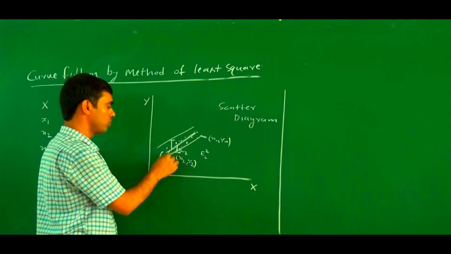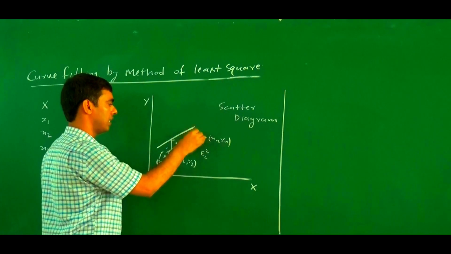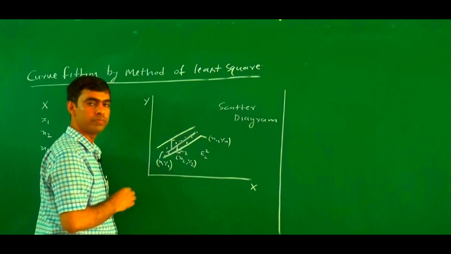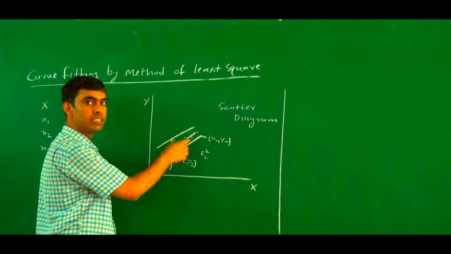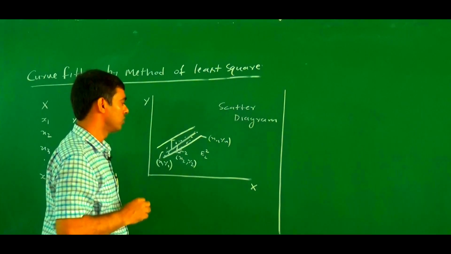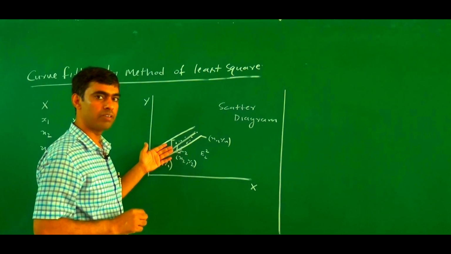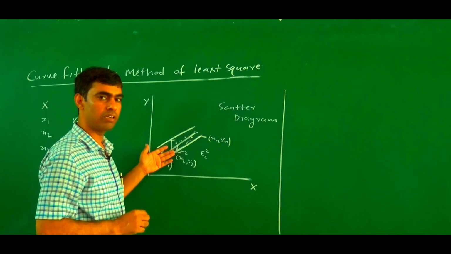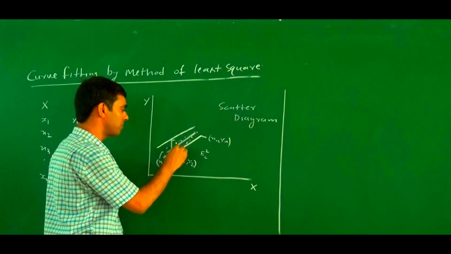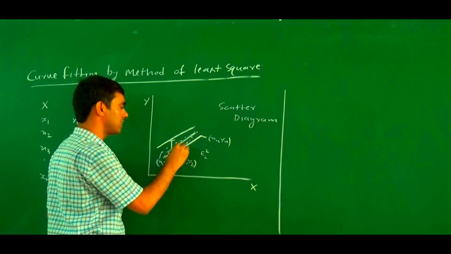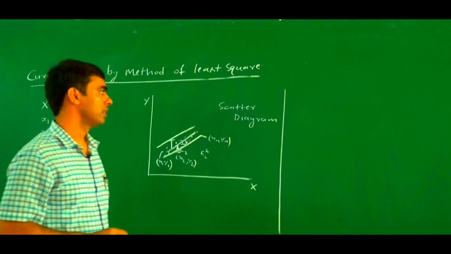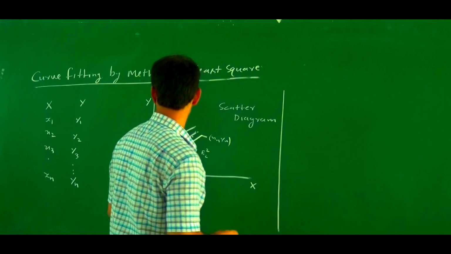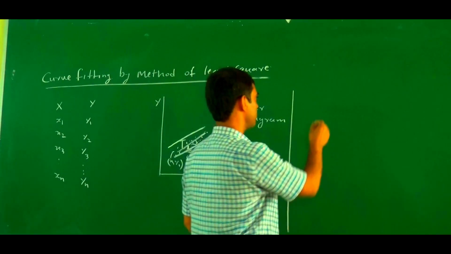Between upper limit and lower limit, an infinite number of straight lines are possible. So among the infinite number of straight lines, we try to find the straight line whose square of error, whose average difference, is minimum.